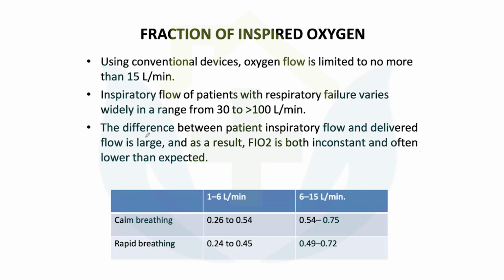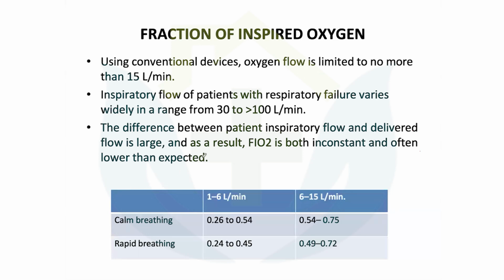And regarding the FiO2, they are showing that if the oxygen flow rate is 1 to 6 liters per minute, calm breathing reaches an FiO2 of 0.26 to 0.54, whereas rapid breathing shows 0.24 to 0.45.